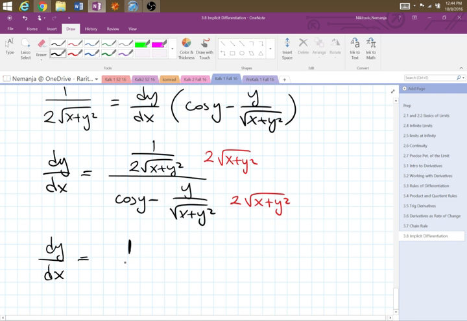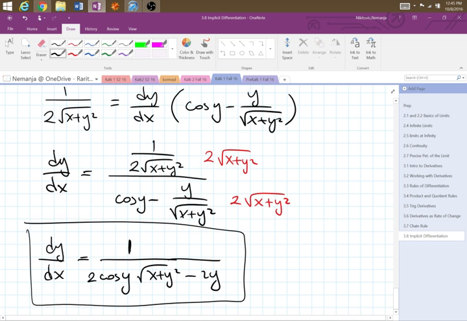It's just 1. On the bottom we get 2 cosine y square root of x plus y squared minus 2y, because the square roots cancel. You could factor 2, but nah. That's it.